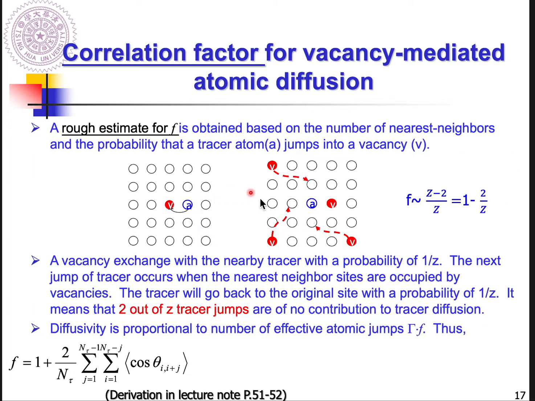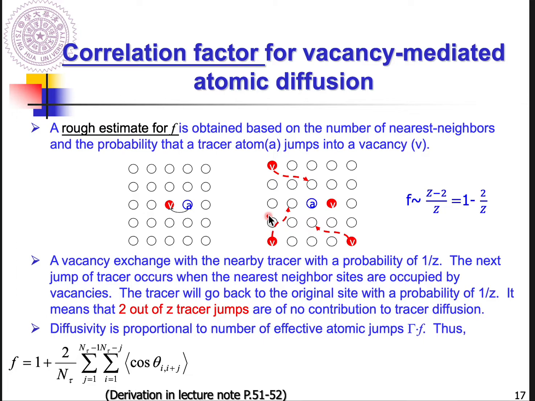So the idea is, how to get F? We can just use 1 minus the useless jumps, which have no contribution to the diffusion process.